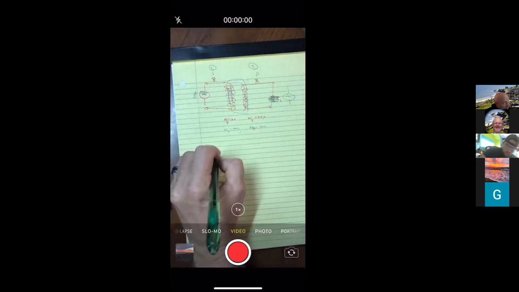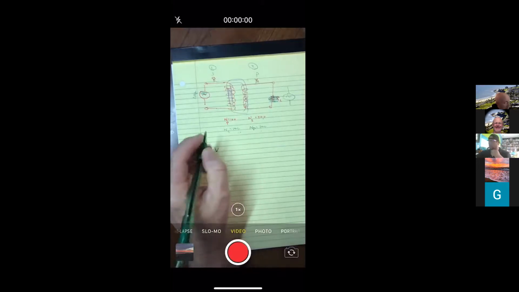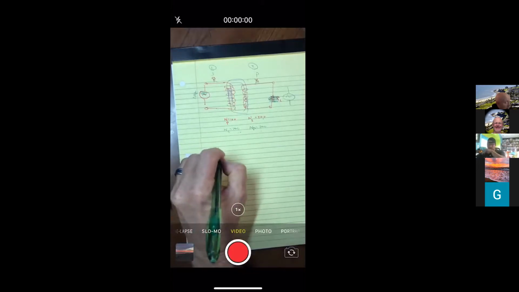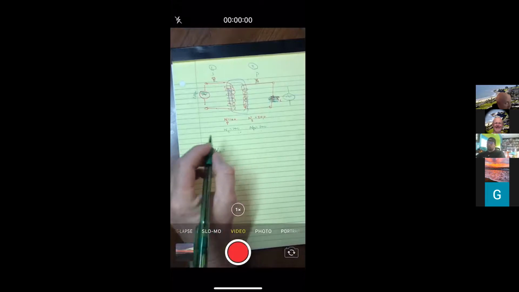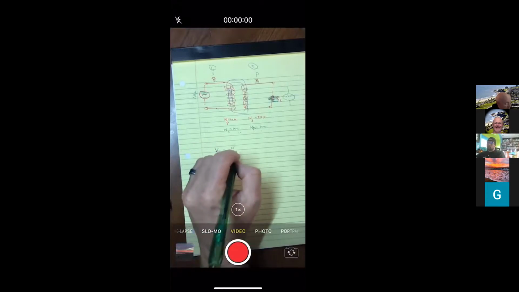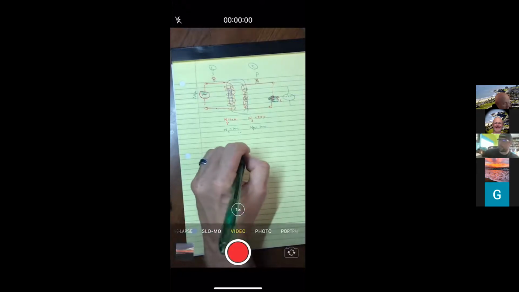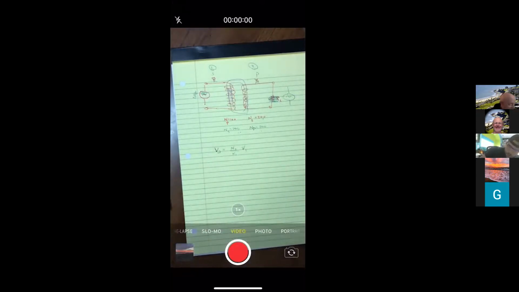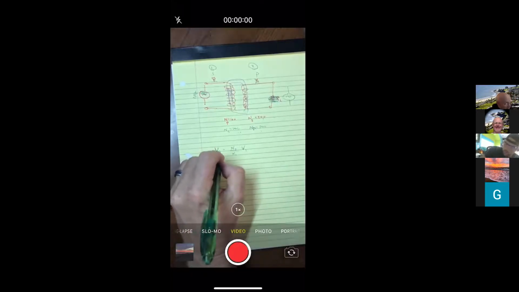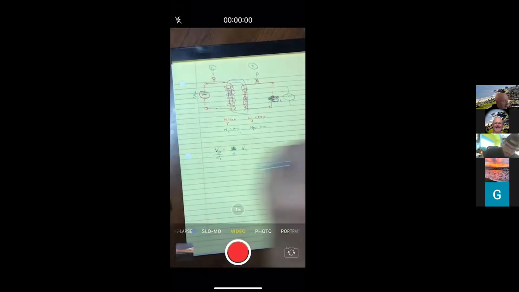And so maybe write this as, voltage at number 2 is equal to the number of turns in number 2 over number 1 times the voltage in number 1. Maybe it would look better with a symmetry design.